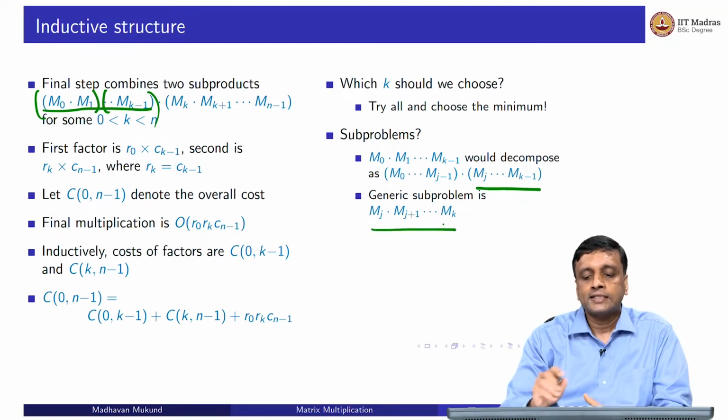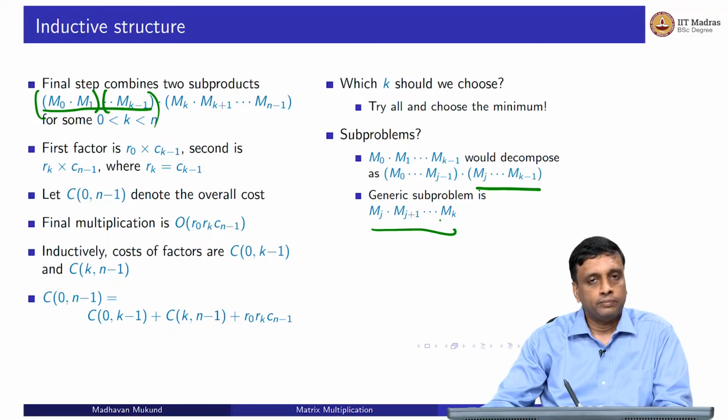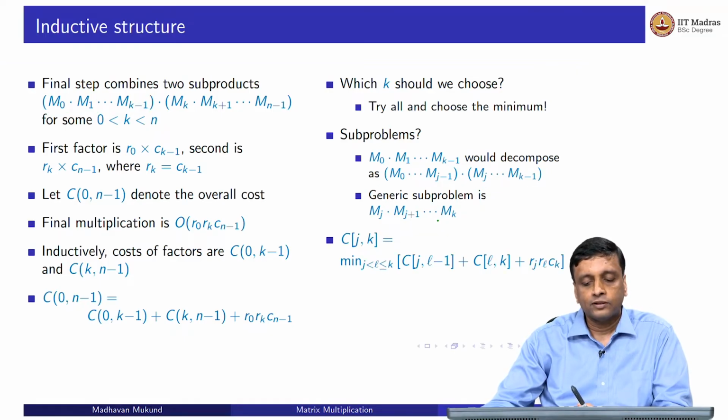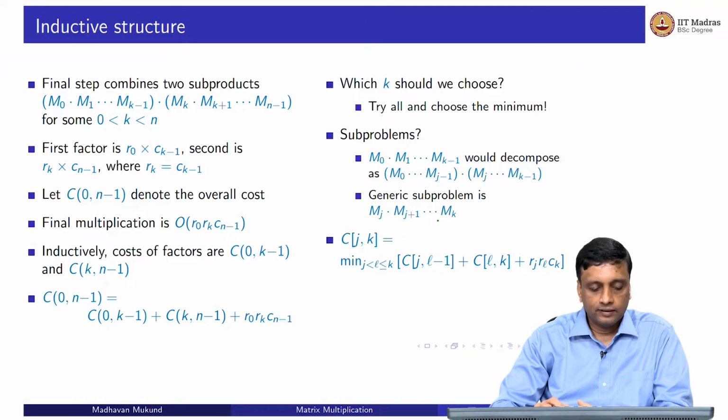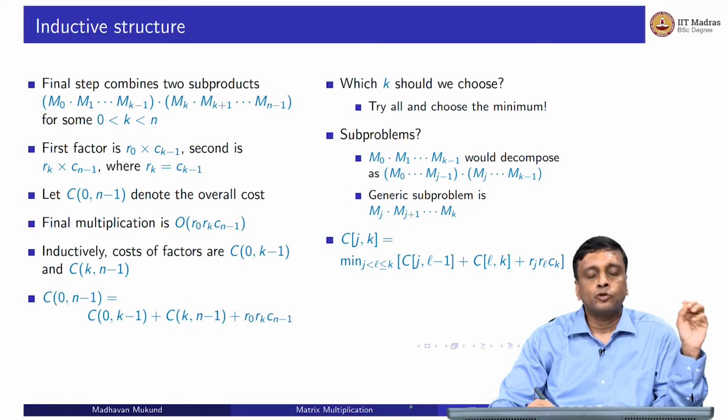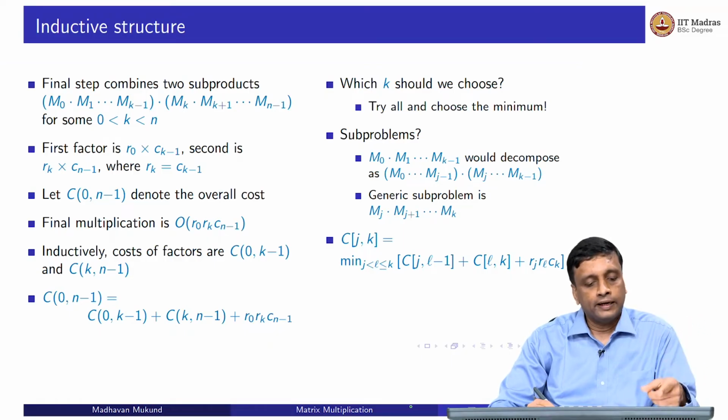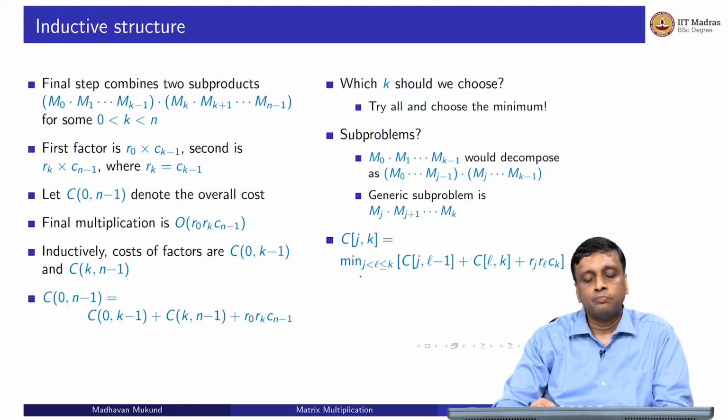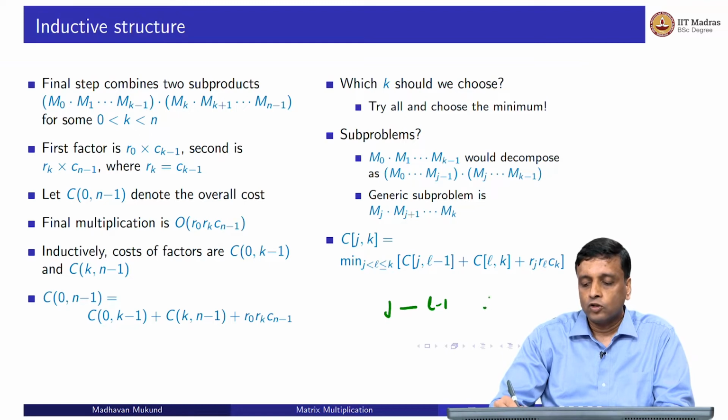So we will look at a generic subproblem of the form M(j+1) up to Mk. And for that we will write the cost as C(j, k), right. So C(j, k) is the cost of multiplying M(j+1) to Mk, and this will now be, by our calculation, we said we don't know how to split it, but we have to split it at some L between j and k, right. So we find some L which is between j and k, and we look at the cost of doing j to L-1 and the cost of doing from L to k, plus the cost of multiplying Rj times RL times Ck, right.